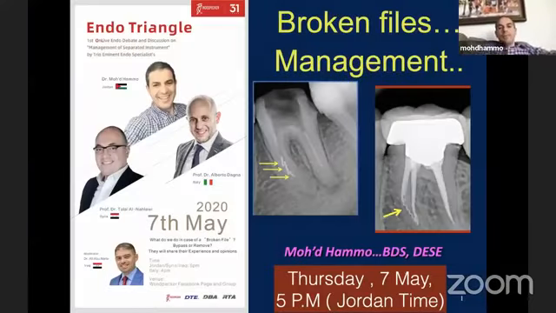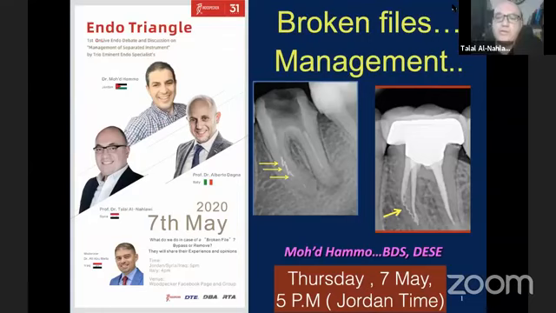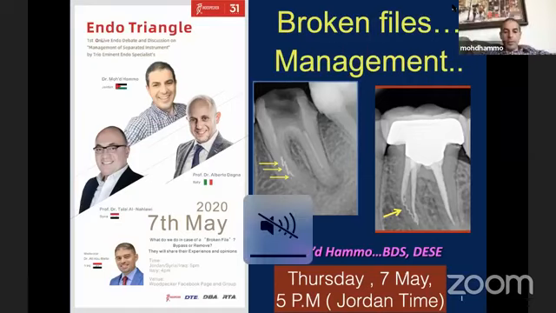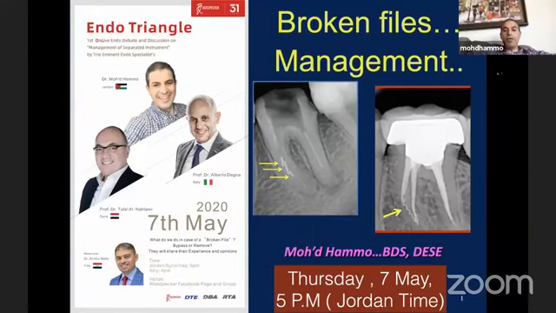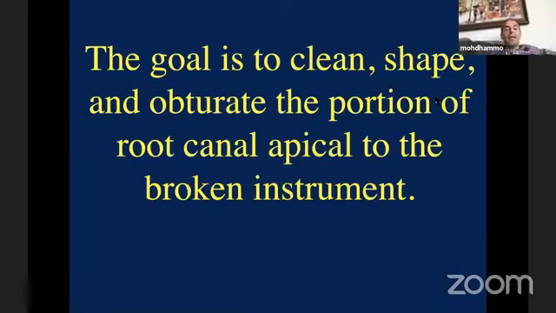So my topic will be about the management of broken files, and I will talk about bypassing, and Dr. Talal will talk about the removal part. Let me remind you before starting, the goal is not to remove or bypass.